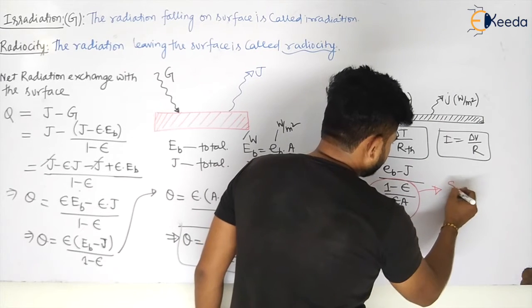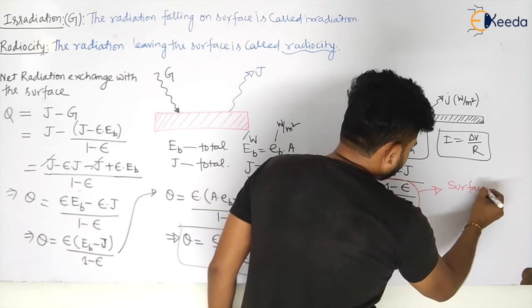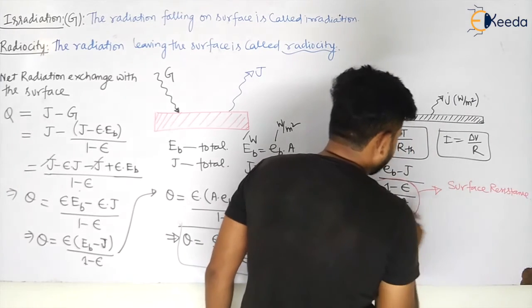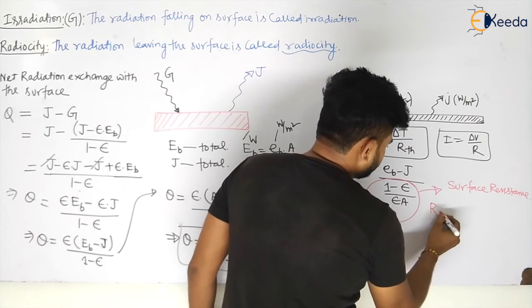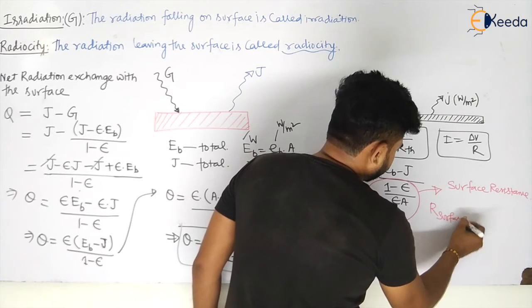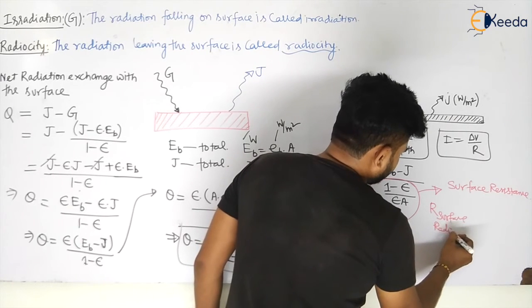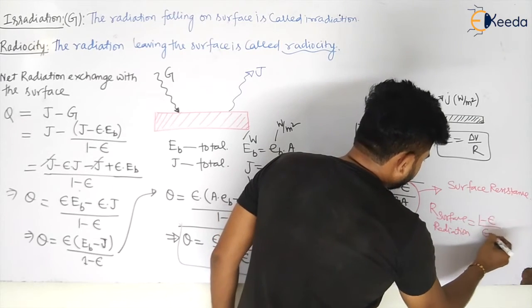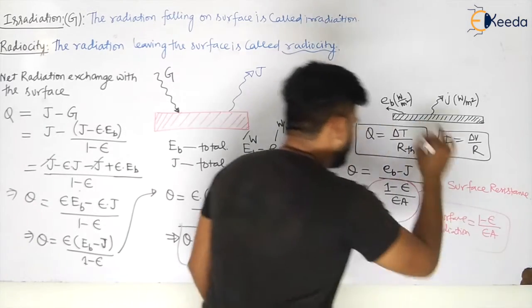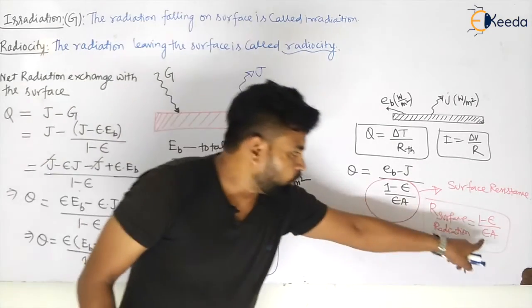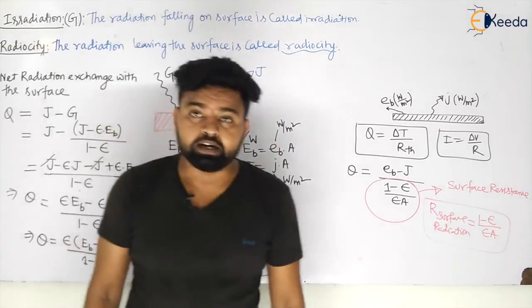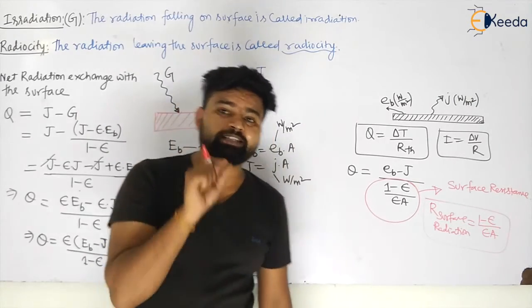That will be called your surface resistance, my dear students. So R surface for radiation will be equal to (1 minus E) upon EA. So for this surface, the emissivity is defining the surface resistance, my dear students.